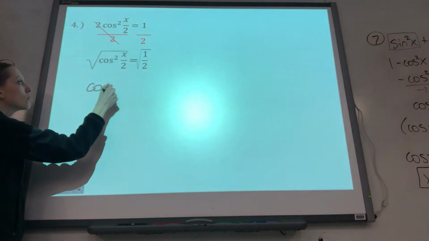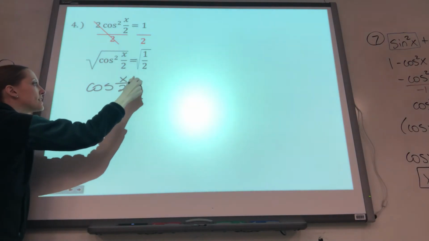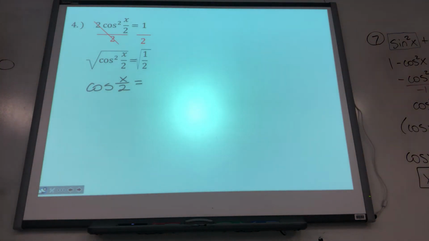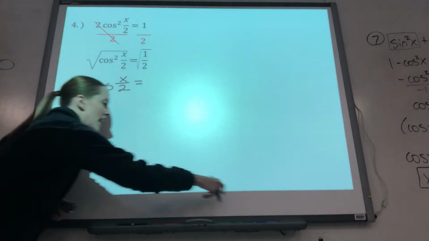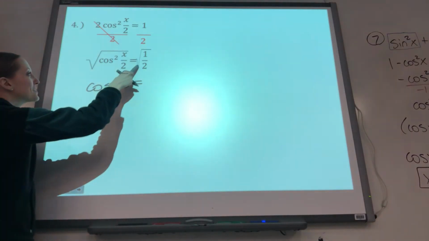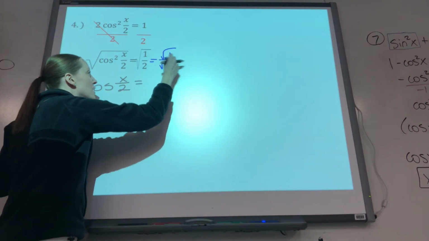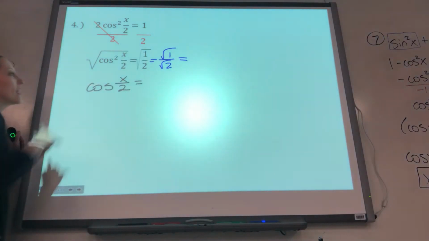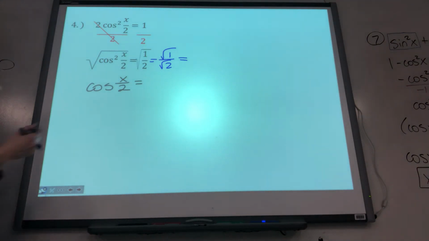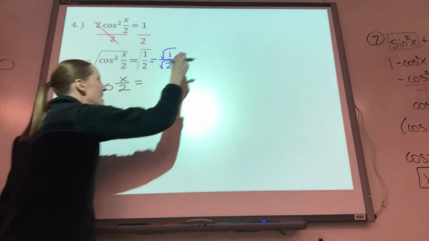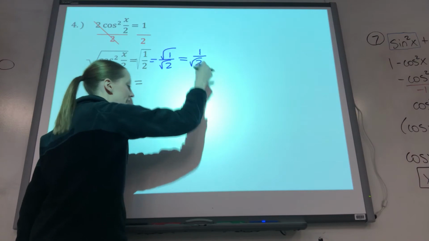Now, when I square root both sides, the square is gone, and it's just cosine of x over 2. And look at you, square root of 1/2. I need to make you look a little bit better. So think about the square root of the top and bottom separately. Now the top part works out pretty nice.